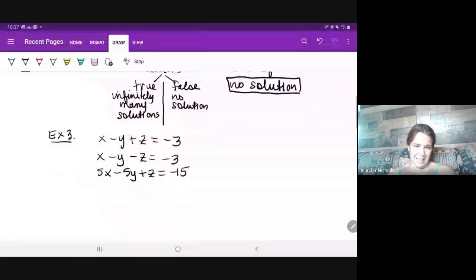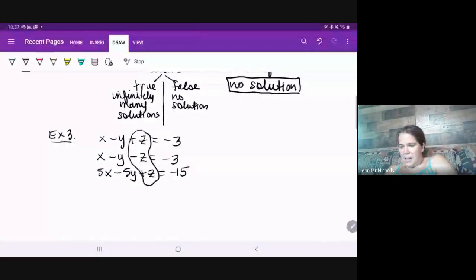Oh, definitely, I like the first two equations. Oh, look at the z's. You guys, you could just look at the z's. I kind of like the z's. I don't have to multiply by anything. How about my first set? I do this one.